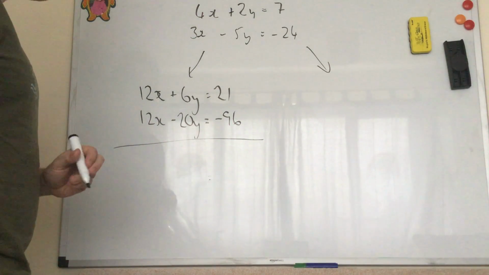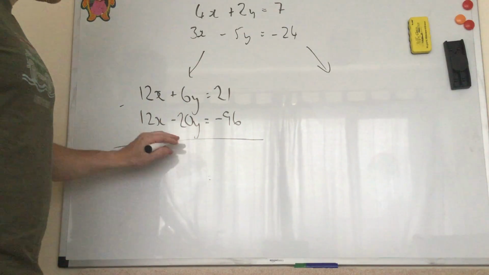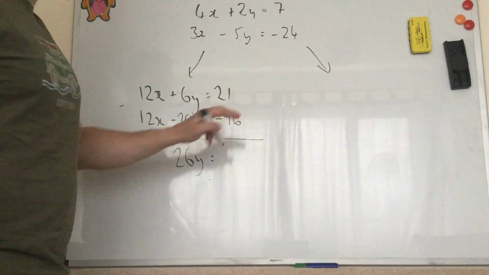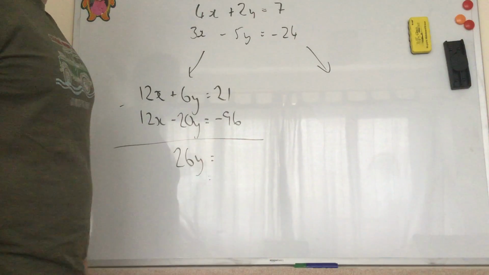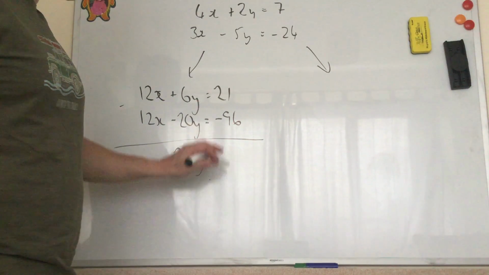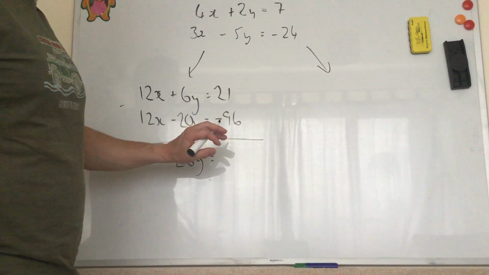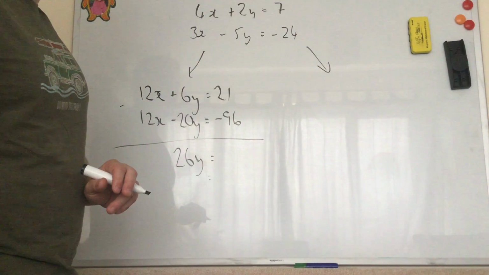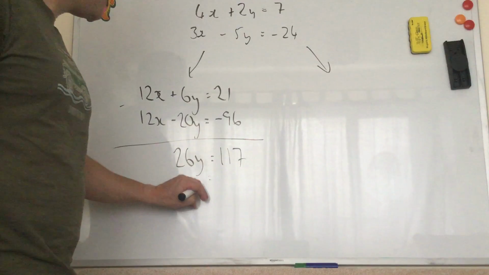Sign on the x's is the same, so we have to take away. 6y take away minus 20y is 26y. 21 take away minus 96 is, I can't do math suddenly, I messed up somewhere. 117, no, I haven't messed up, sorry.